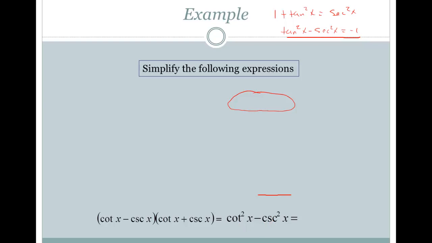And so what we should see is that that is equal to negative 1, along the same reasoning, because I would use 1 plus cotangent squared of x is equal to cosecant squared of x, like that. And then what I did is I bring the cosecant over, so I get cotangent squared of x minus cosecant squared of x, bring the 1 to the other side, and I get negative 1.